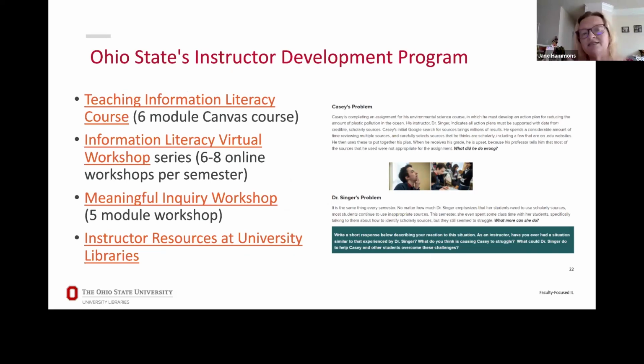We offer a second program called Meaningful Inquiry. This is a 5-part workshop that we offer both in person and online, depending on the time of year, for instructors. And then we also have our instructor resources at the University Library site that has videos, activities, and modules that instructors can use to teach information literacy incorporated into their courses.